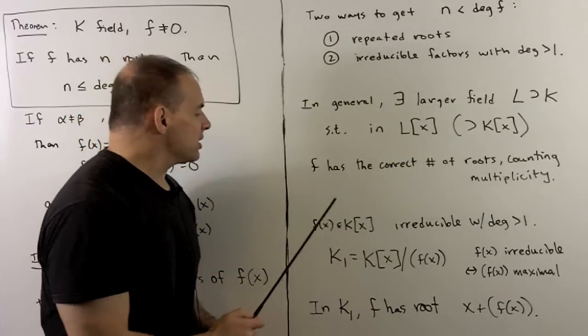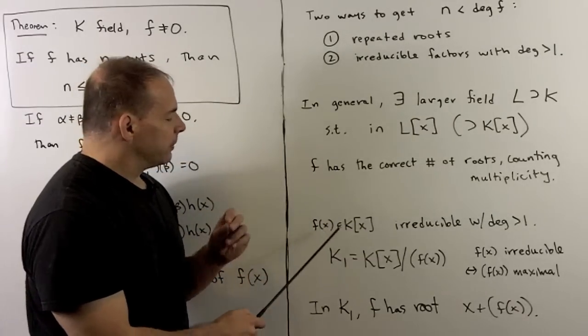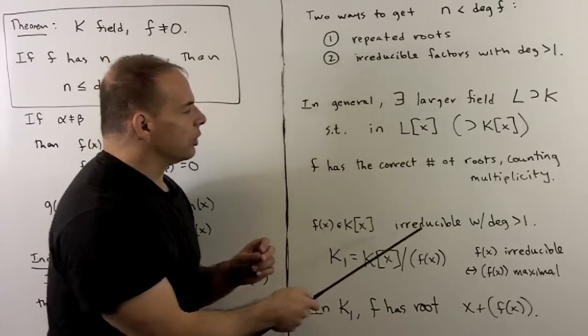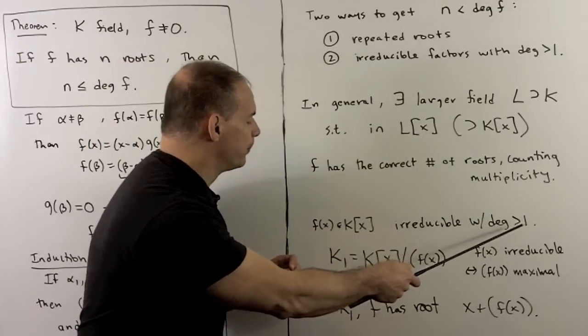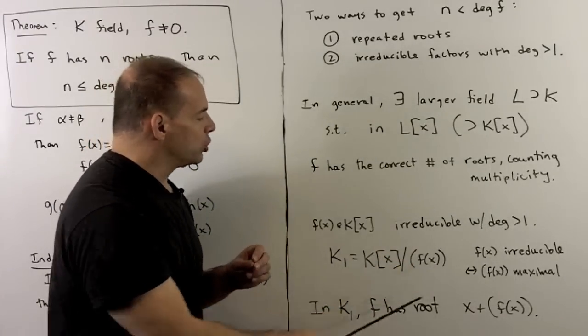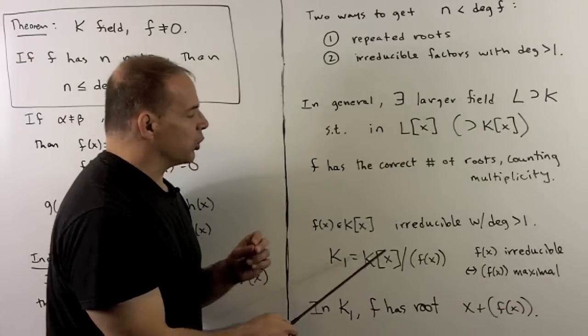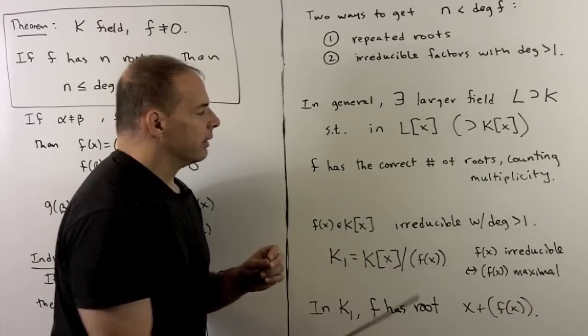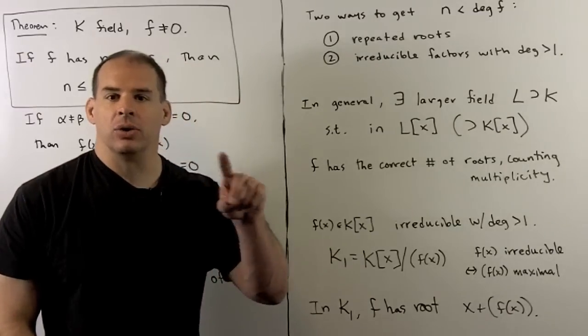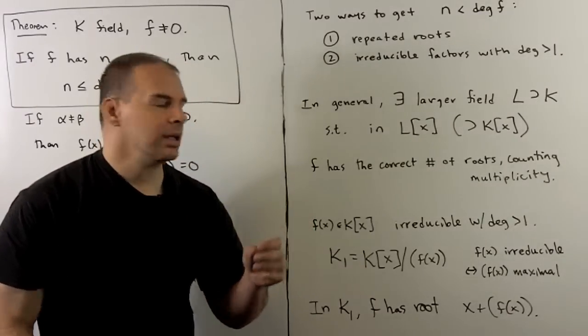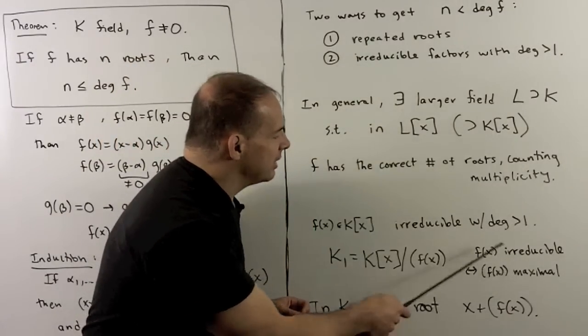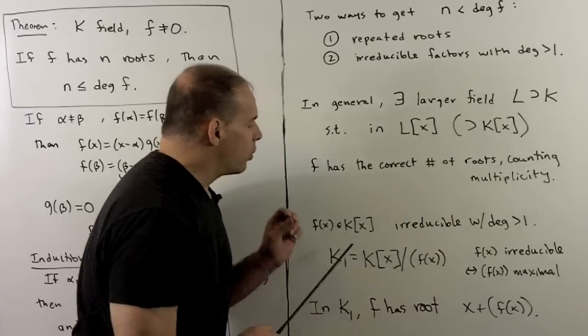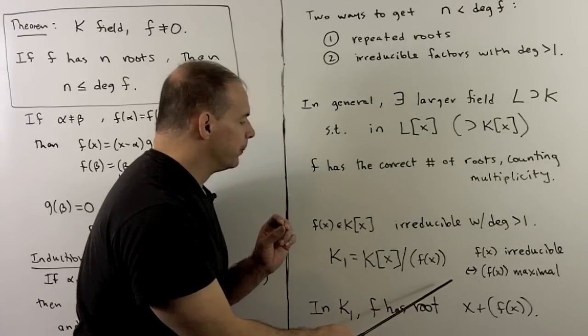The way we get this, if we have f of x in K adjoin x, irreducible with degree greater than 1, I'll just form the quotient ring given by taking K adjoin x, mod out the ideal generated by f of x. Now, because f of x is irreducible, the same as a prime, this is equivalent to being a maximal ideal, and the quotient is going to be a field.